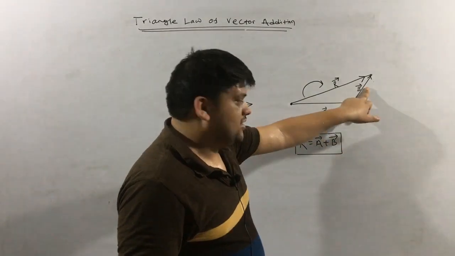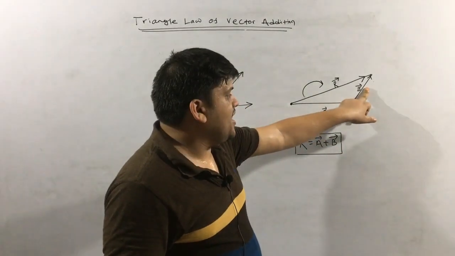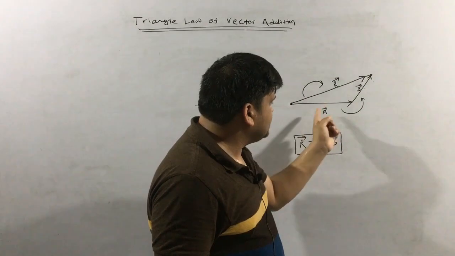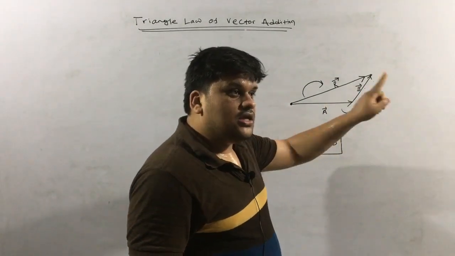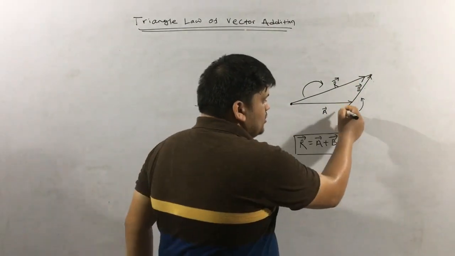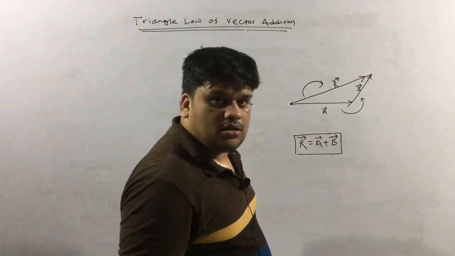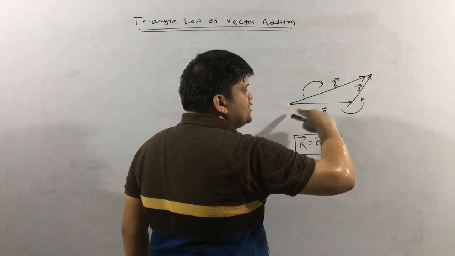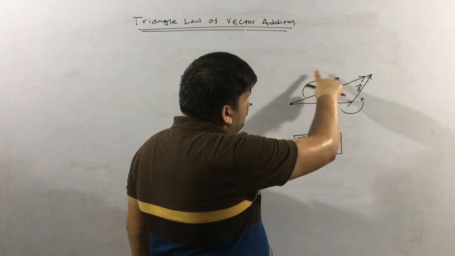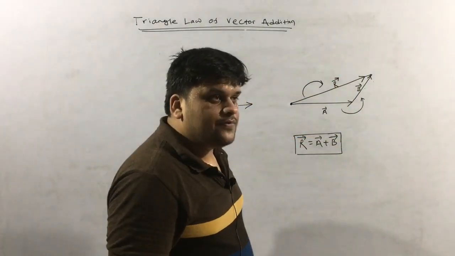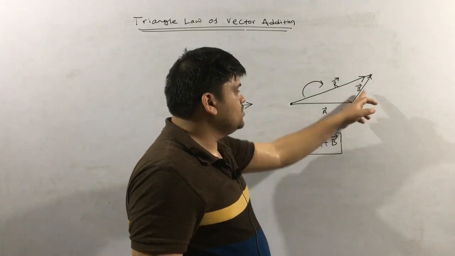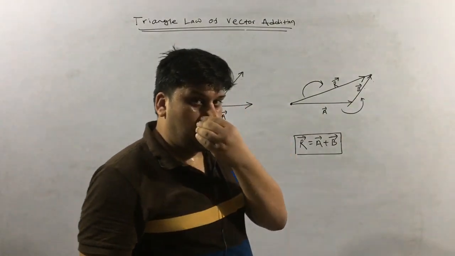If two vectors are represented by two sides of a triangle taken in same order, then the third side of the triangle taken in opposite order will give the resultant of those two vectors.